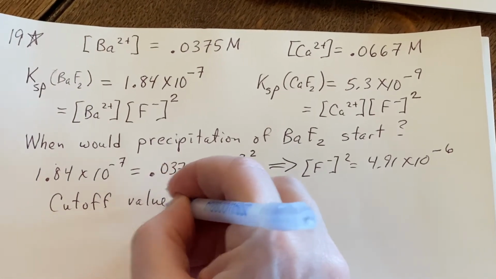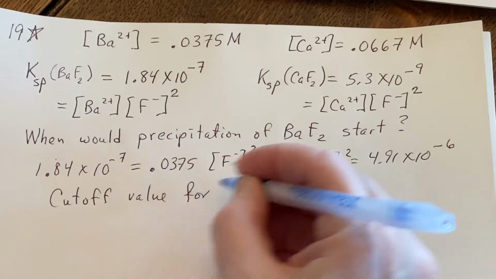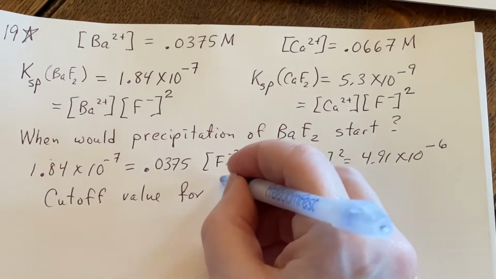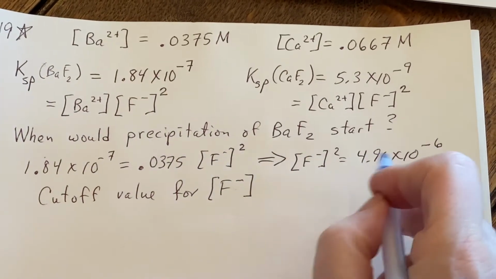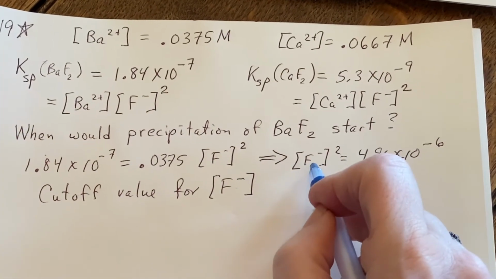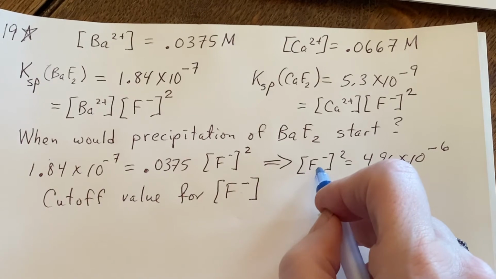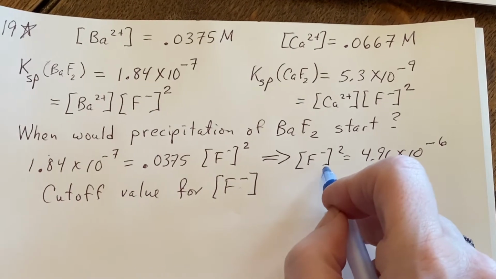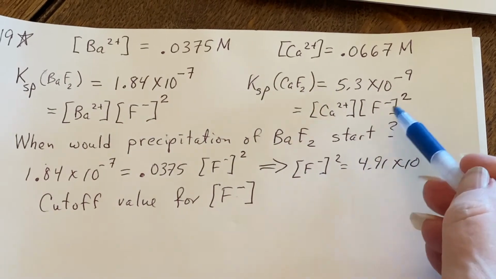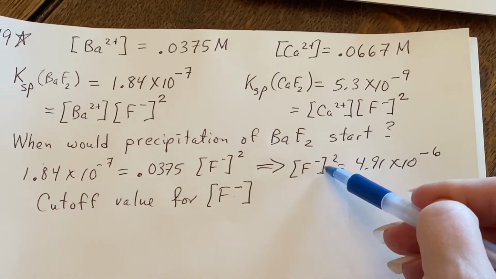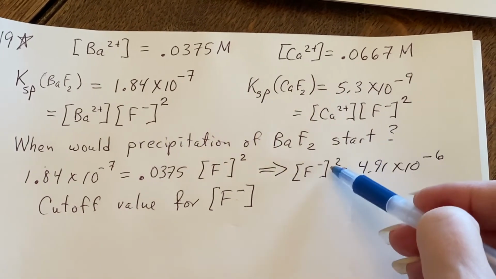If I were to go beyond this value, and mind you, I'm not even bothering to change it. I'm doing a shortcut here because you see this also appears exactly the same way here. I'm not bothering to find out what the actual fluoride ion concentration is.